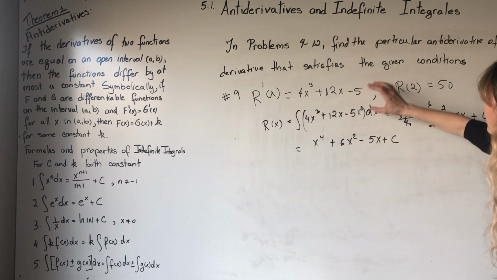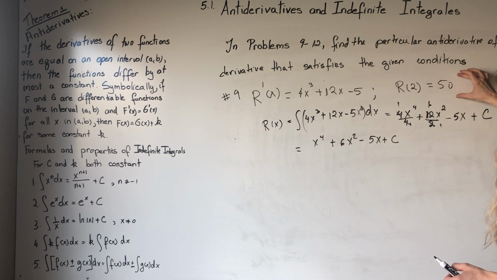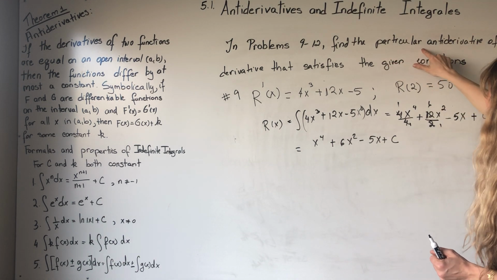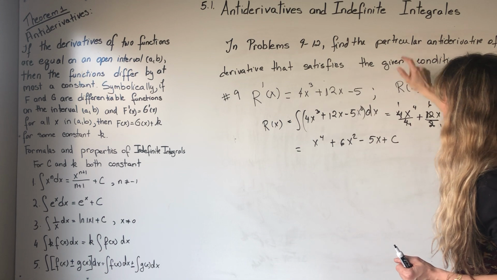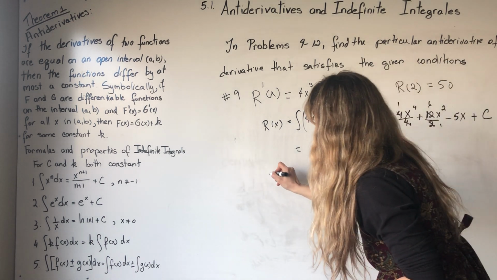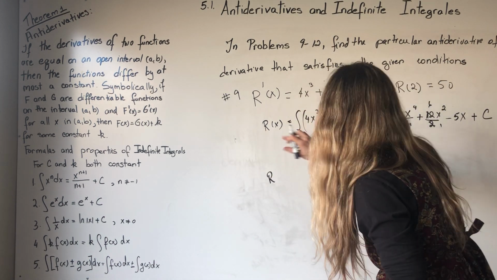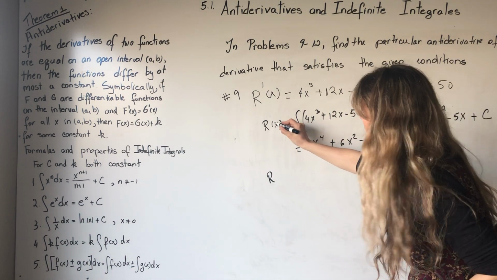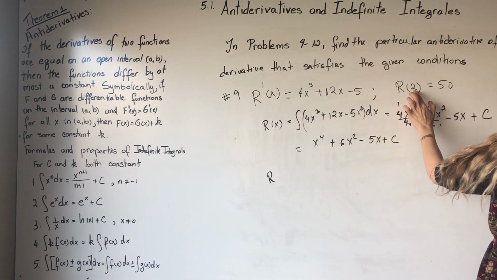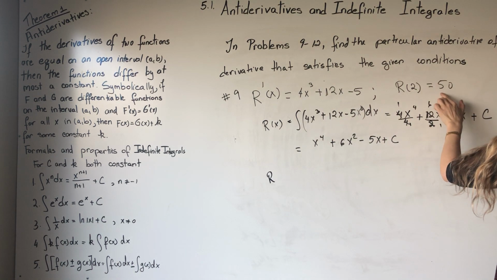If you do not have this part, you'll be done. But you are not, because I want a particular antiderivative of each derivative that satisfies this given condition. I have r of 2, so each time I see an x, I'm going to change it to 2, and then the answer should give me 50.